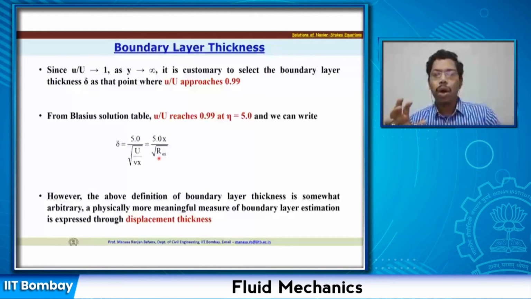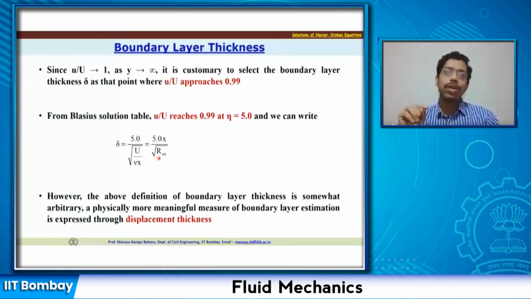Now, although we have discussed it, to find out where the velocity is 0.99 U is very difficult to ascertain, where that 99% of the velocity is achieved. It is quite cumbersome to find the exact location from the experiments.